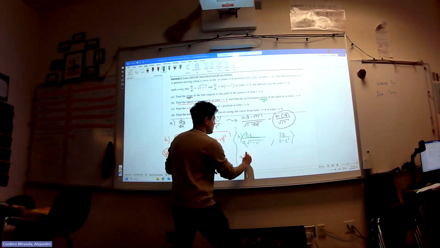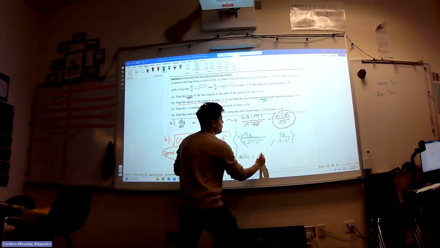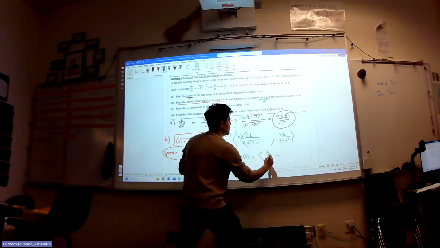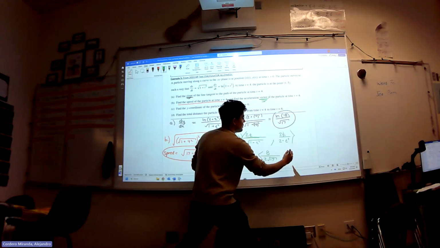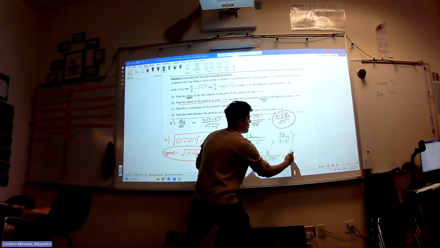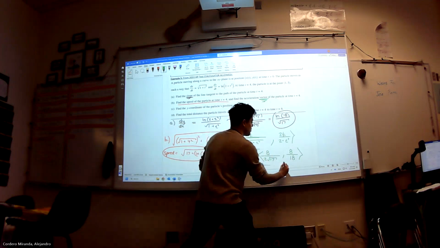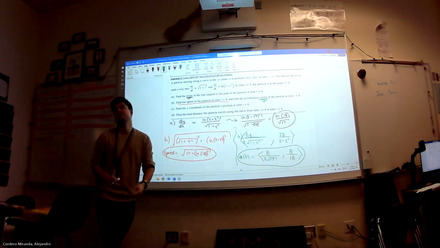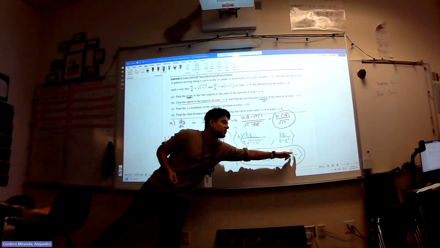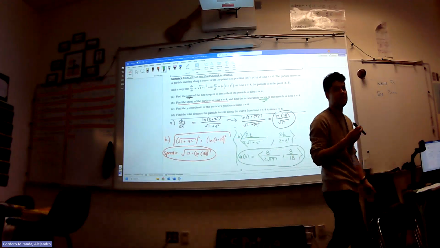So a of 4, acceleration at 4, is equal to 8 over 2 square root of 17, comma, 8 over 18. Then again, you could simplify these, but you don't have to.